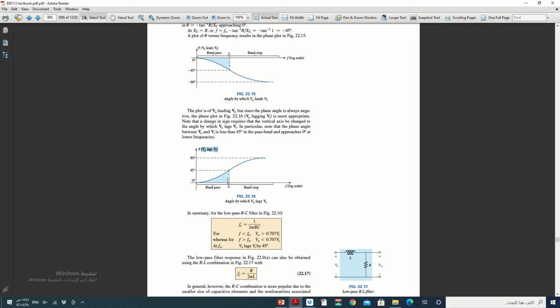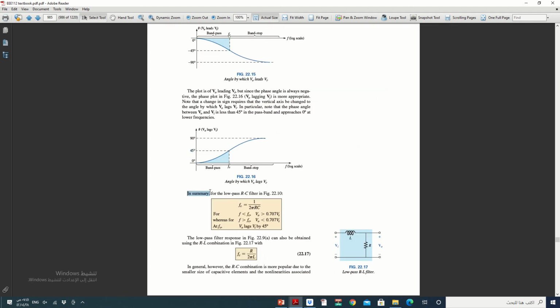We notice that in the low pass filter, the frequency cutoff with the angle, we will always get an angle less than 45.